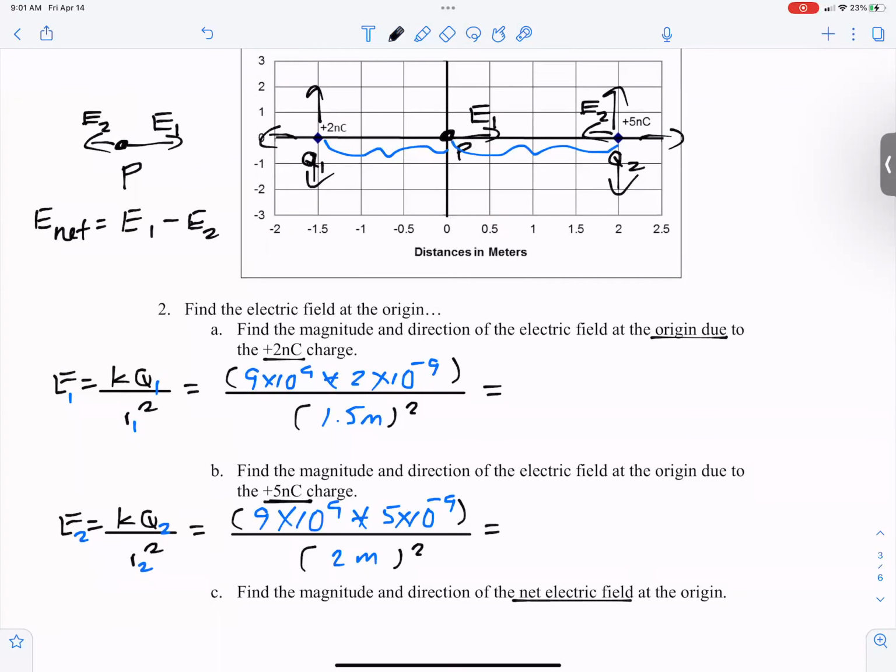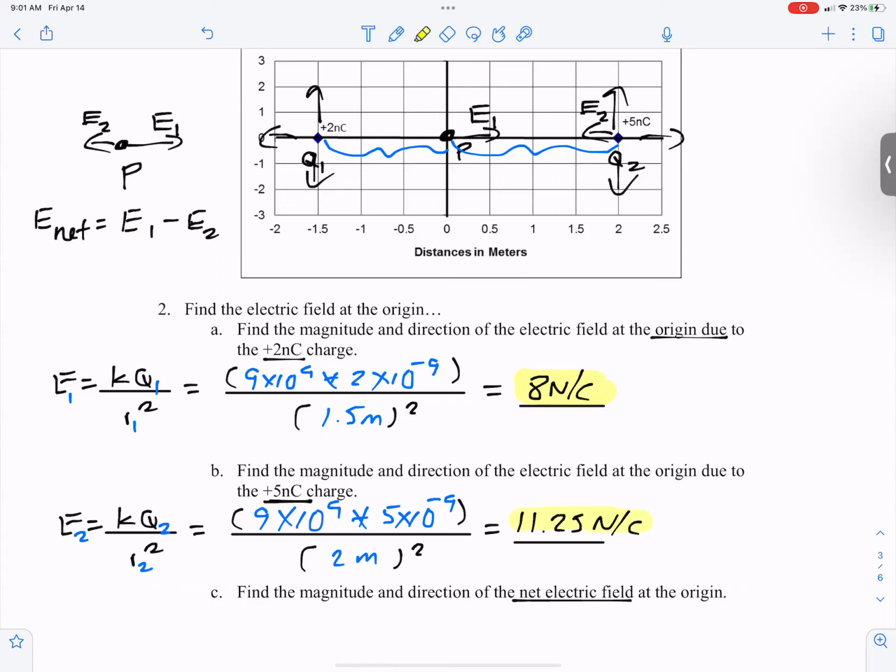Okay, so the electric field magnitude at point A should come out to about 8 newtons per coulomb, and at point B we should come out to about 11.25 newtons per coulomb.